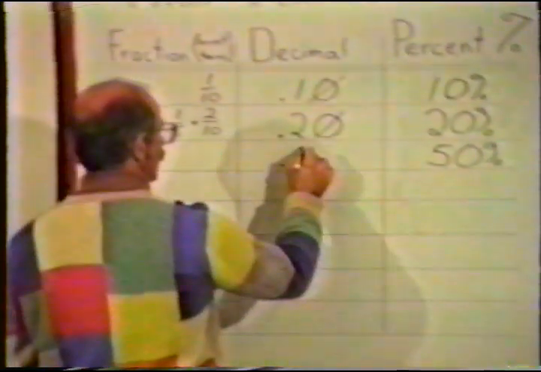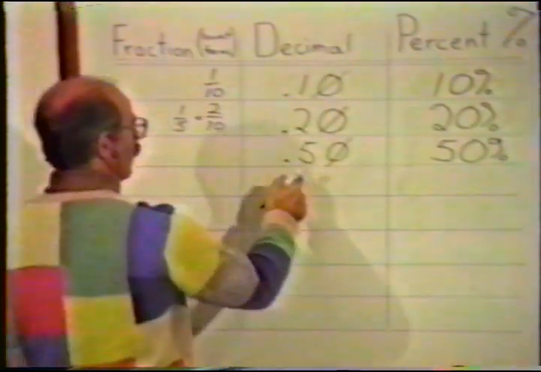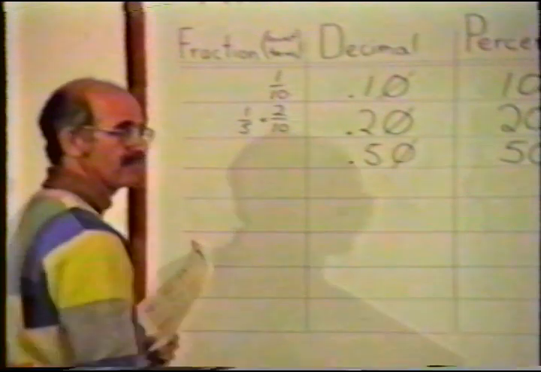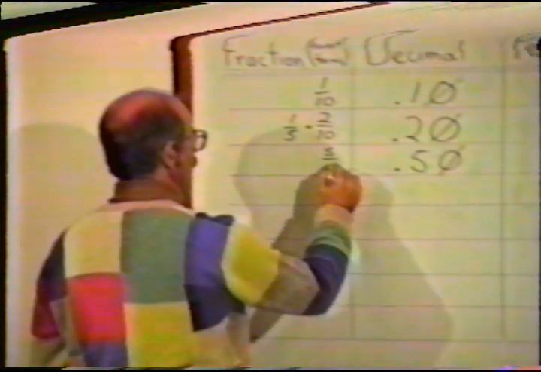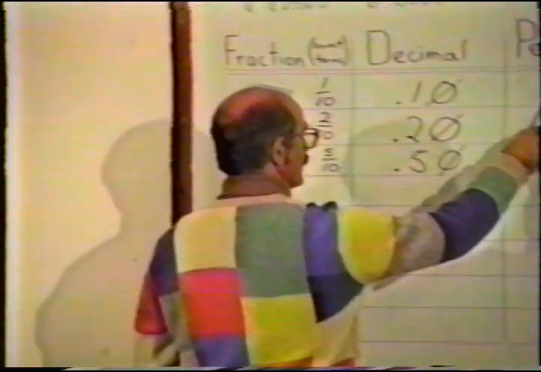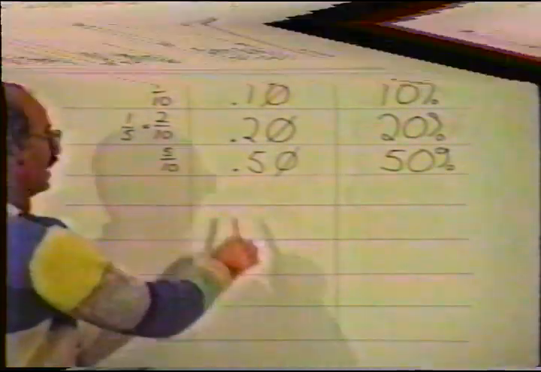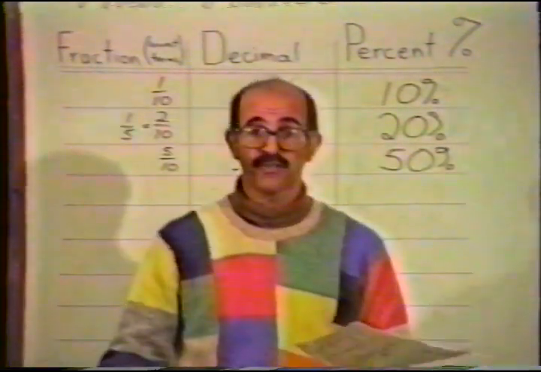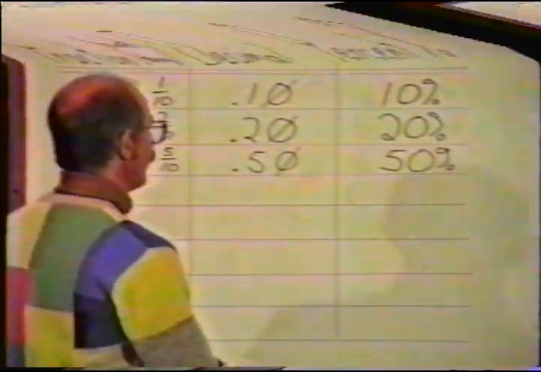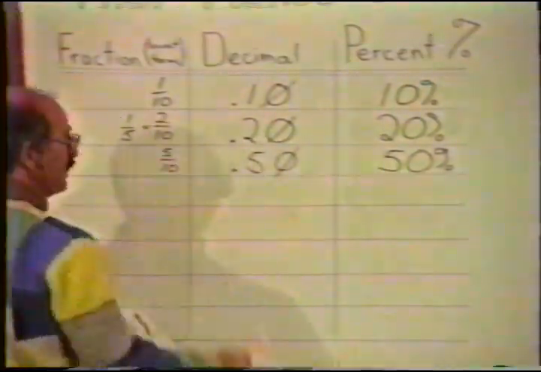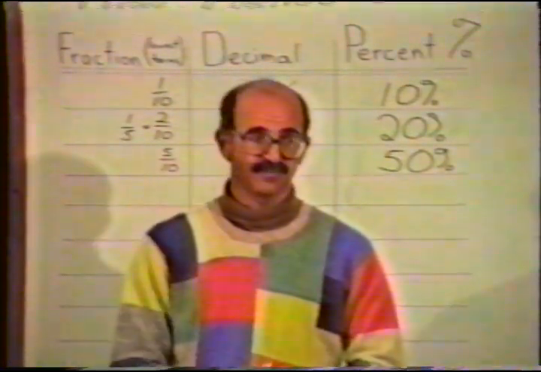We get 0.50, take off the 0, and we can read it now as 5/10. 10%, 1/10. 20%, 2/10. 30%, 3/10. 40%, 4/10. 50%, 5/10. Can 5/10 be reduced? Yes.